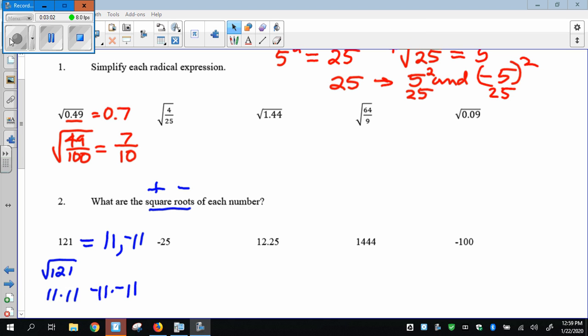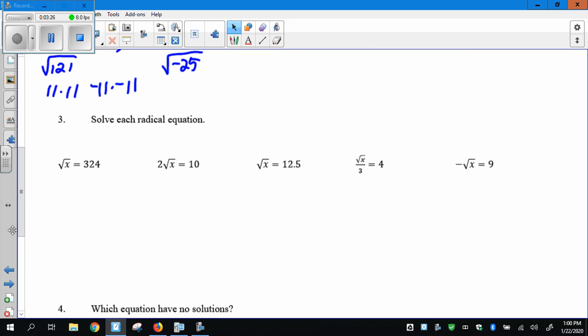Okay? Now remember, not all numbers have square roots, and that's because with negative numbers, there's no number times itself that equals that number. So negative 25, you cannot do this. There is no positive square root. So no solution there. All right?